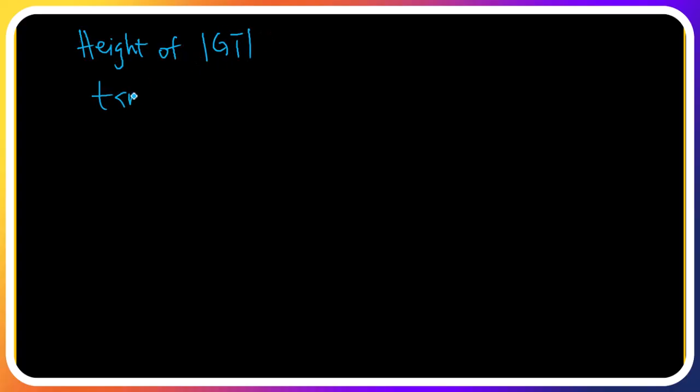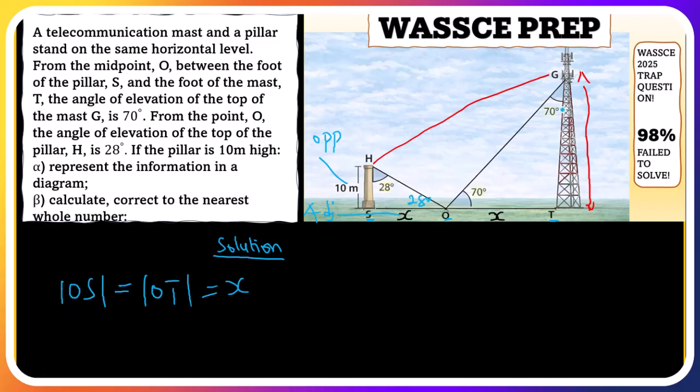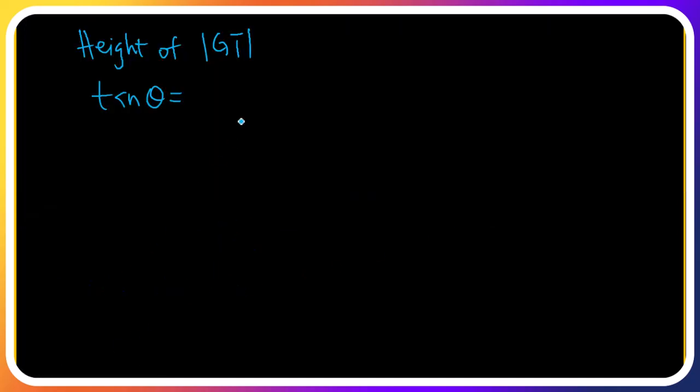Again tan theta equals opposite over adjacent. The opposite to the angle 70 degrees is GT, defined as y, and the adjacent is x.